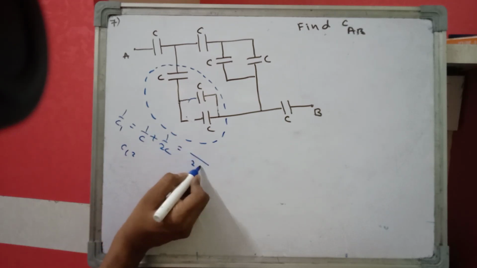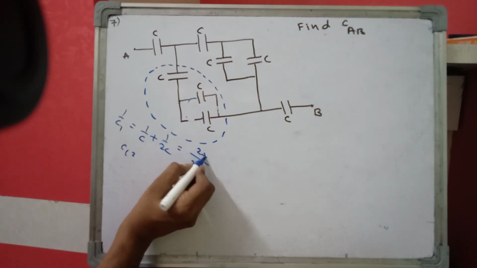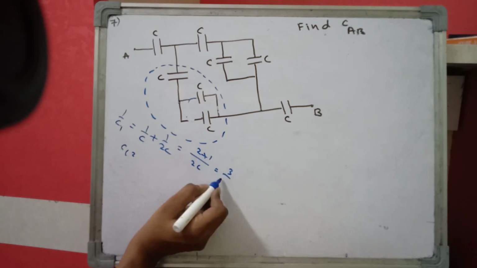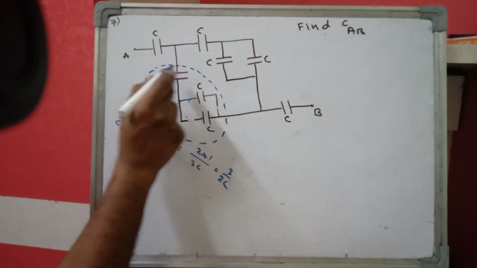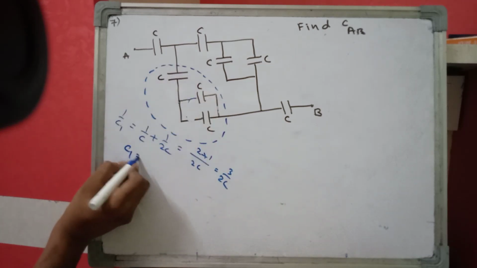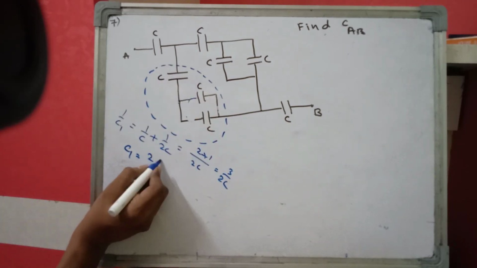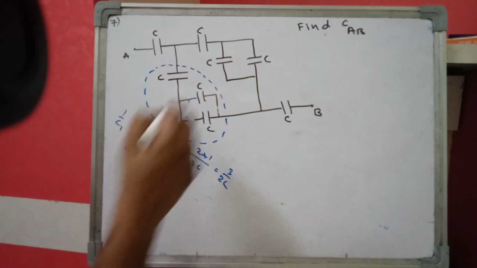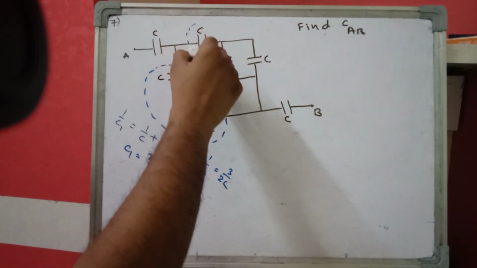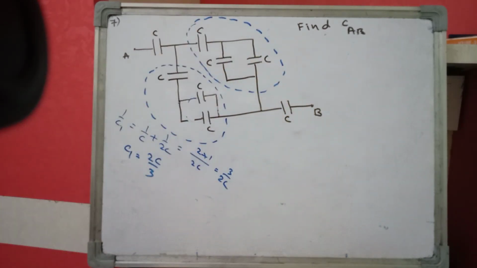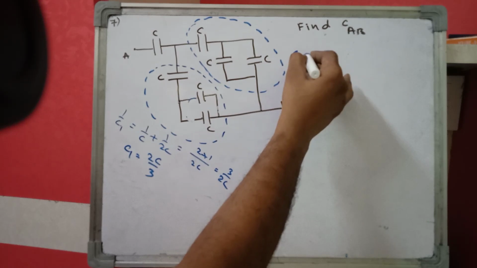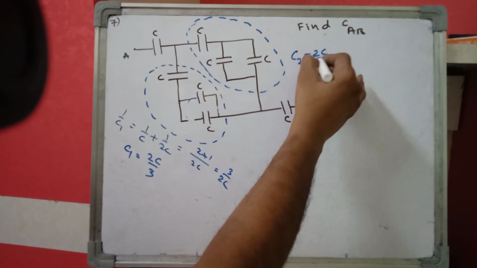Take 2C as the LCM, then it becomes 2 plus 1, which is equal to 3 by 2C. Let us say the capacitance of this part is C1. Then C1 is equal to 2C by 3. Then the capacitance of this part is also the same, say that is C2, which is equal to 2C by 3.